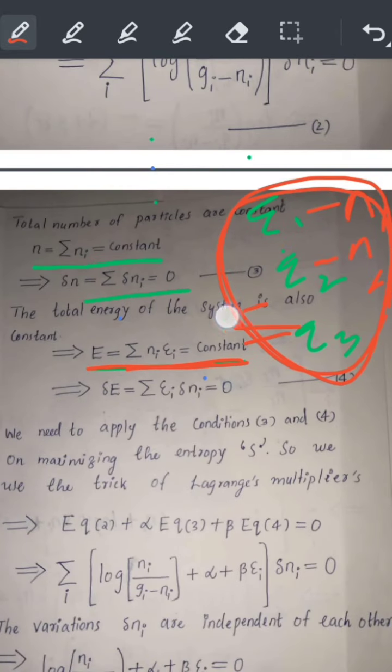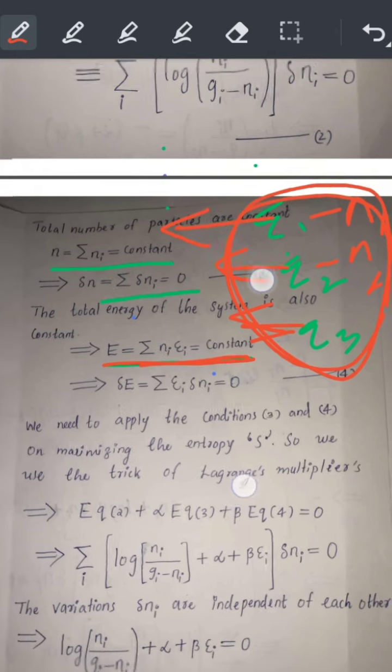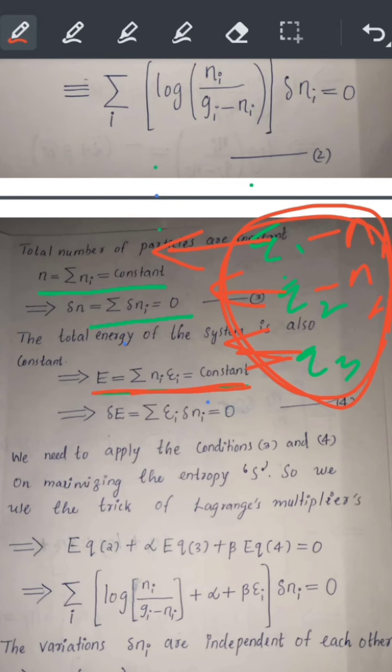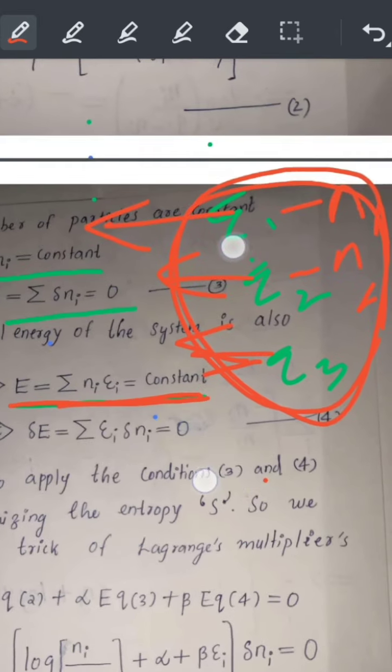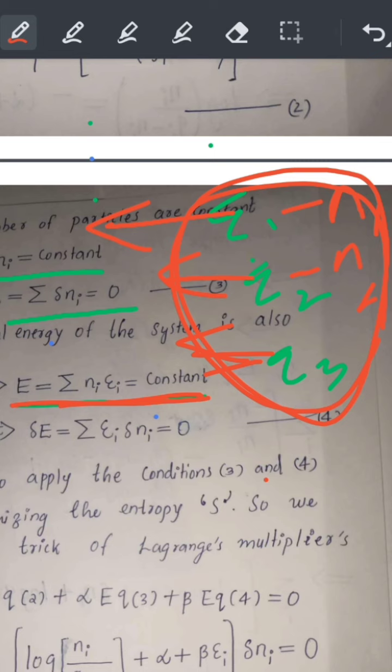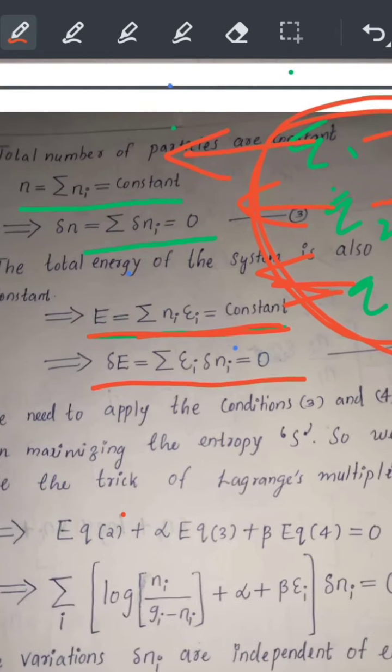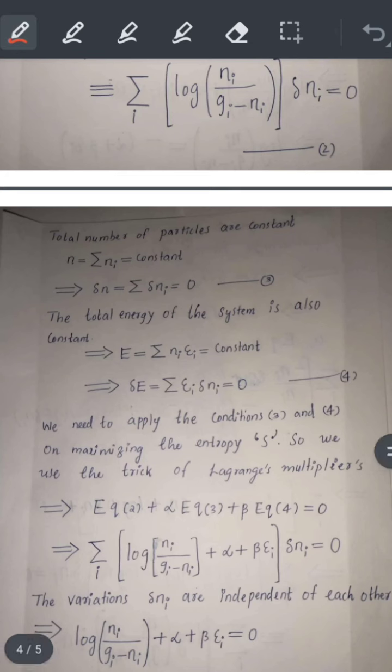Each energy level is fixed, but the ni can change because the particles in E1 can get some energy and move to the E2 energy level, and the particles in the E2 energy level can lose some energy and move to the E1 energy level, etc. So ni can change. So you get this expression equal to 0 because the differential of a constant is 0.